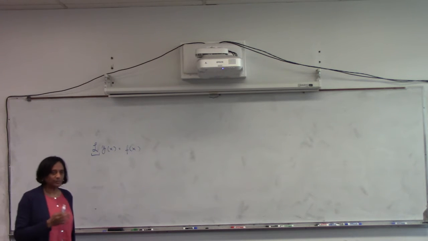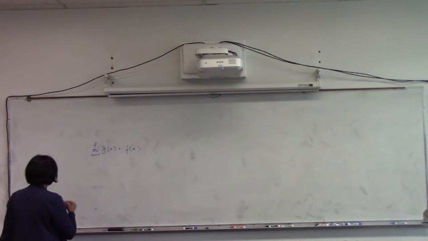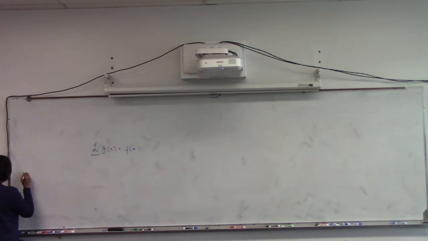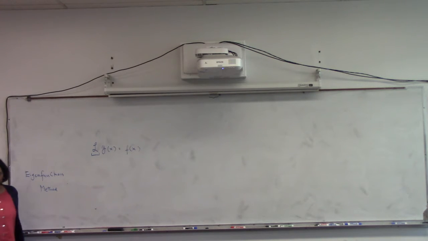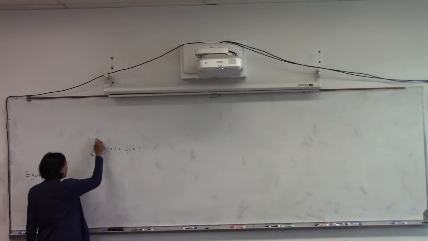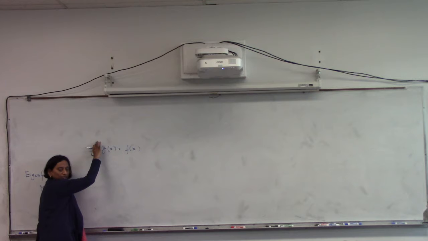The principle method that we are going to be using is called the eigenfunction method, and I'll tell you what it exploits, many things. The method that I'm going to use is an eigenfunction method where it exploits the linearity of this operator, okay?